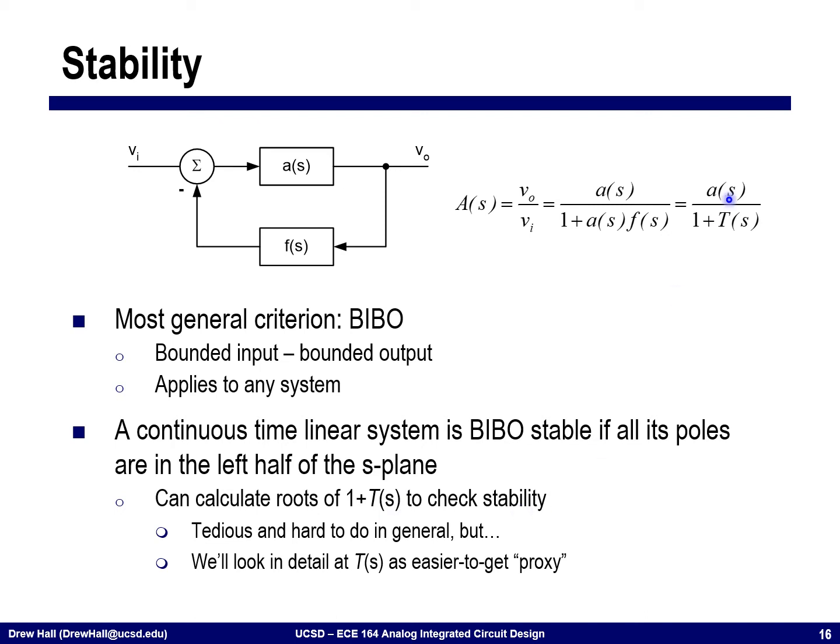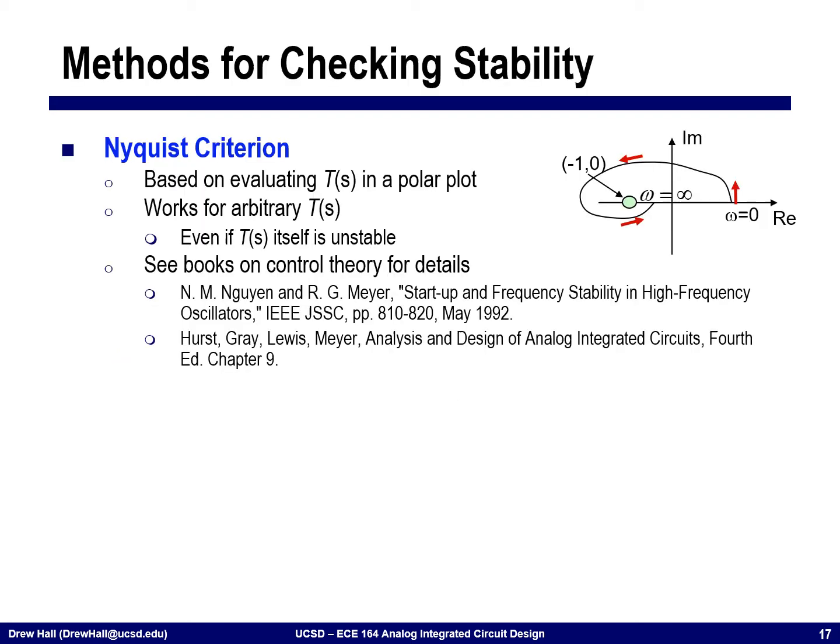So we can factor this and calculate all of the position of the poles in order to make sure that they're all in the left half plane. Okay? This, however, can be quite tedious and difficult to do in practice. And so many times we look at a simpler way of proxying to prove this stability.